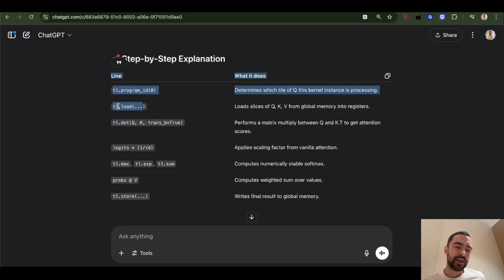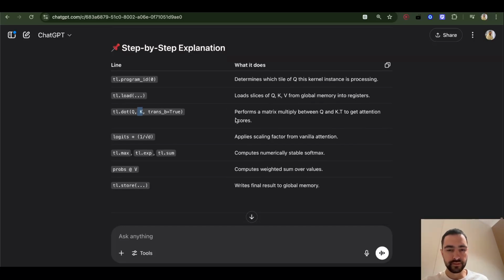So we will use this to load. Then tl.dot of query and key transposed, so we want to transpose this key matrix.